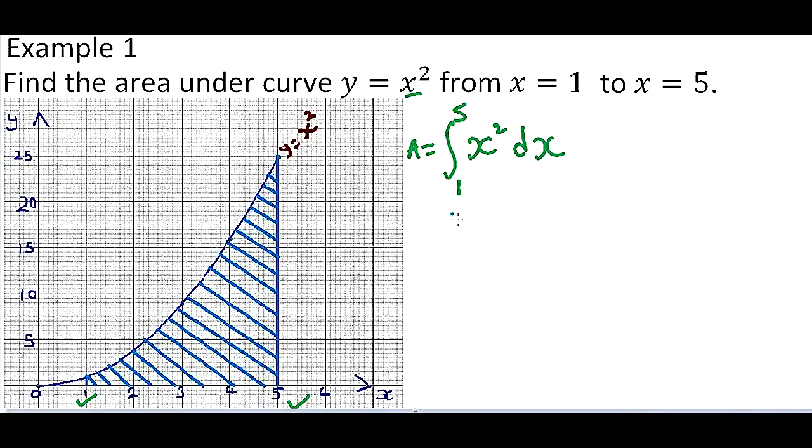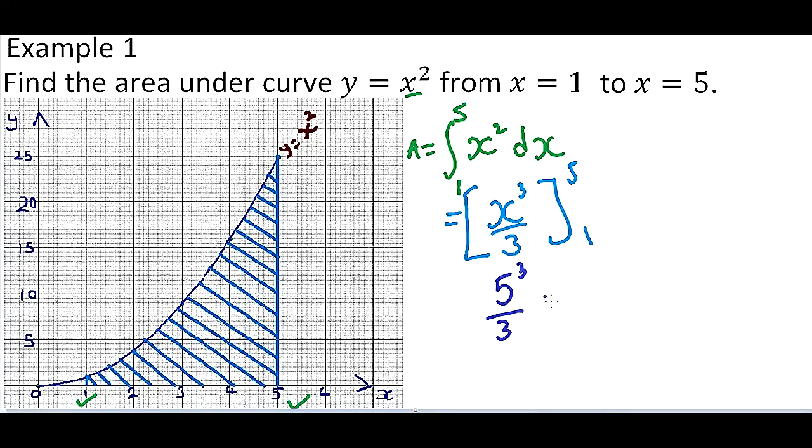Once you integrate, then you should get x cubed divided by 3. We put the brackets and our limits are from 1 to 5. Now from there we substitute x for 5, so you have 5 cubed divided by 3 minus, we substitute x for 1, so x cubed is the same as 1 divided by 3.